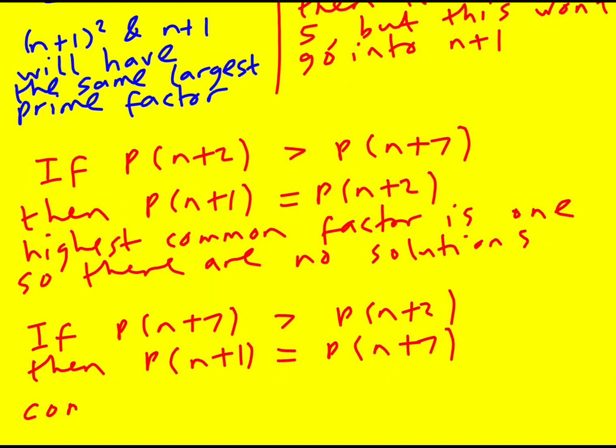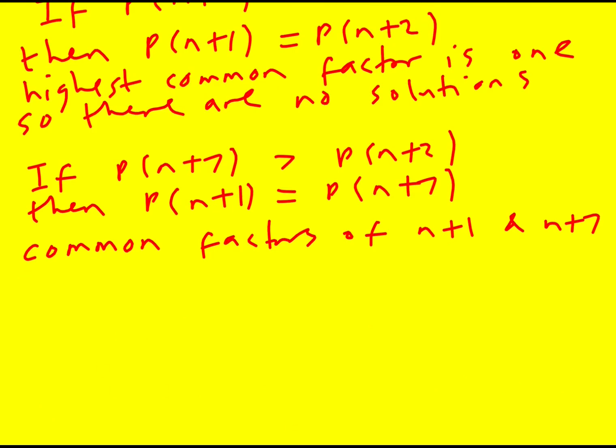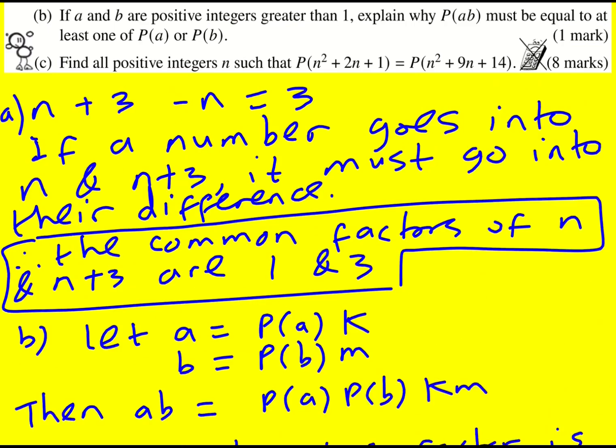Now, common factors of n plus 1 and n plus 7. Just trying to remember how it's phrased.